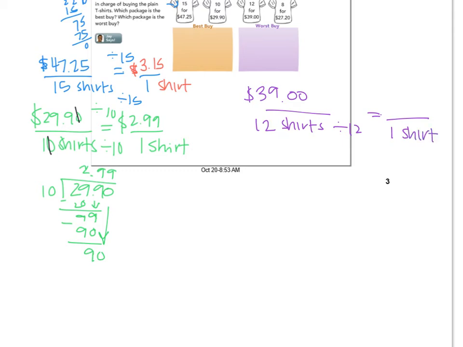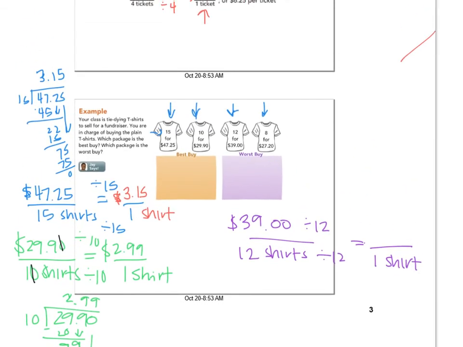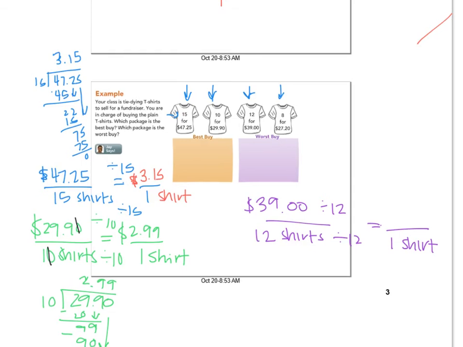So if we divide by 12 on the bottom, we also have to divide by 12 on top. So let's do the long division. So 39.00 divided by 12.